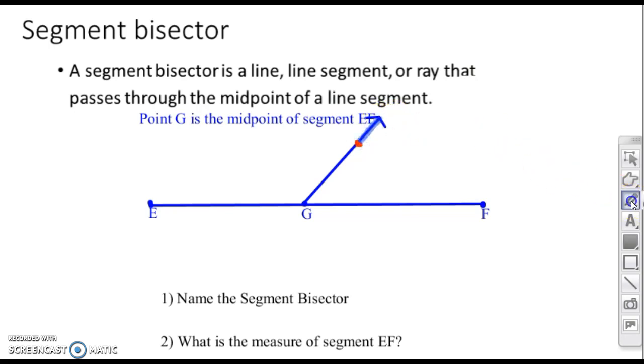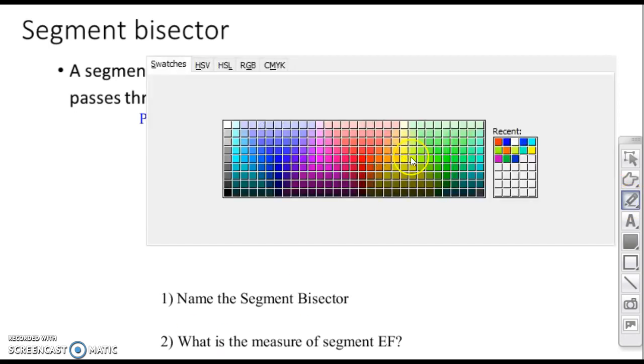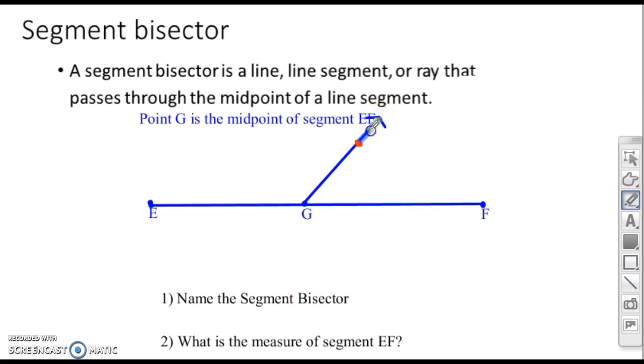I need a different color. Sorry about that. What ray, line, or segment is going through this segment EF at its midpoint? And the answer to that would be ray, and we'll have to give it a name, GR. I didn't name that part, I meant to, so that's point R. So, ray GR is the segment bisector for segment EF.